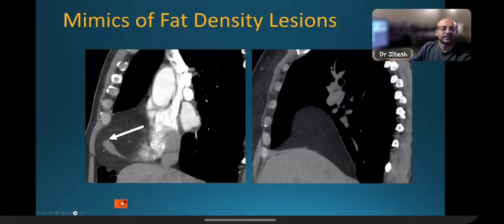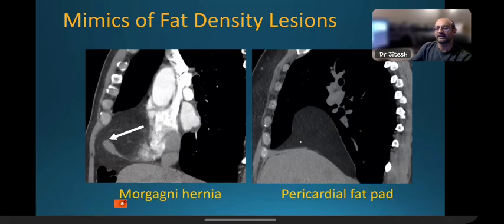We can see this fat with the vessel is going from the abdominal cavity to the thoracic cavity. So this is a case of Morgagni hernia, and this is a case of a prominent pericardial fat pad. So in these cases, when we're suspecting a Morgagni hernia or herniation of the fat, sagittal or coronal reformat images are very helpful to show the herniation of the fat from the abdominal to the thoracic cavity.